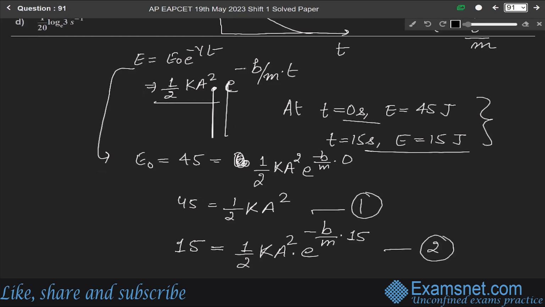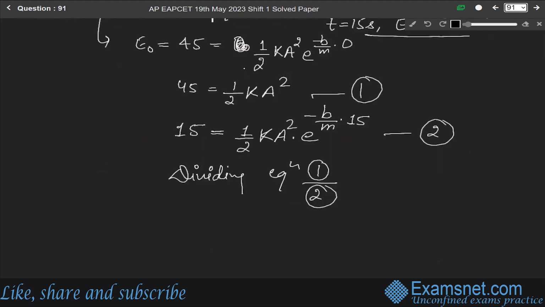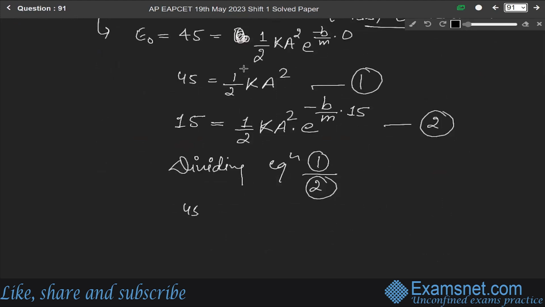Now, dividing equation 1 by equation 2, we write 45 over 15 equals 1 by 2 k A square over 1 by 2 k A square into e to the power minus b by m into 15.